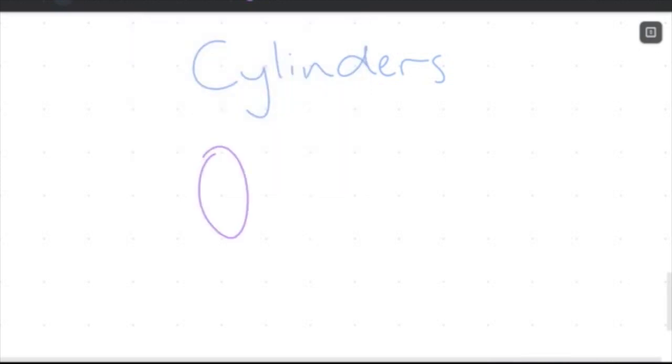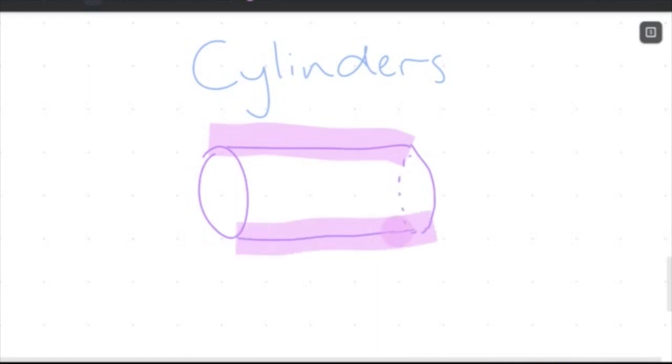So a cylinder has curved edges. So these ones here, this one here and this one here, and all this space along here, it curves around. It doesn't have these straight lines like a prism would have.